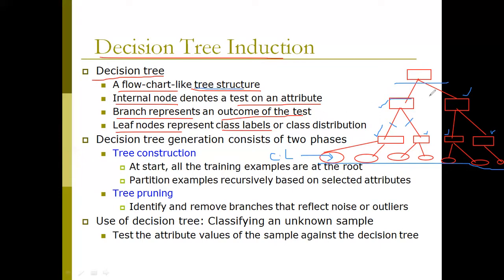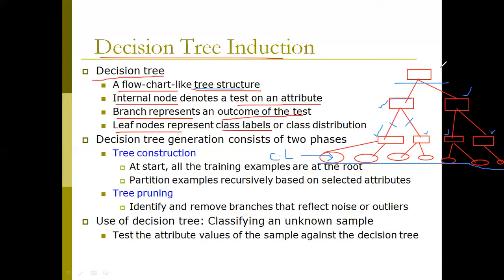If you observe this diagram, it is one tree with a root node and internal nodes, and after that you have leaf nodes. Each root node or internal node is used to test a given attribute. Based on the testing, you will get two branches or two outcomes. So this is the decision tree here.